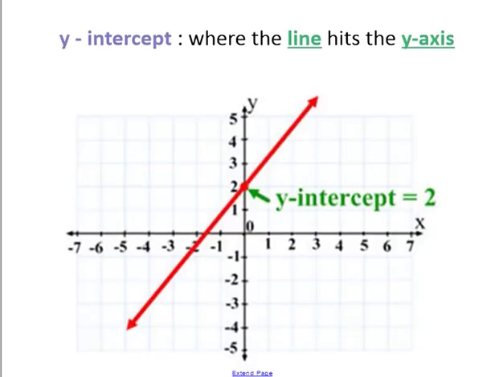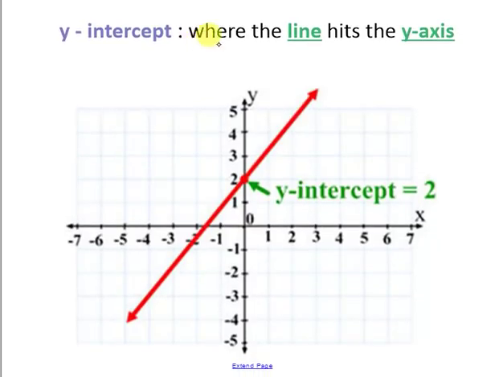So what is the y-intercept? Make sure you say intercept with a pt at the end. It's not intersect, it's intercept. The intercept is where the line hits the y-axis. It's always going to be where that line literally hits the y-axis.